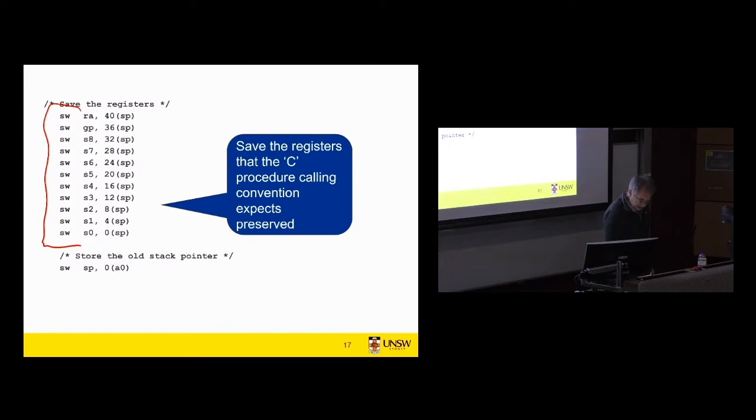And we store the stack pointer into A0, and A0 basically points to the process control block, or sorry, not the process control block, the coroutine control block, where we're going to keep track of where this stack pointer was when we switched away from this coroutine.